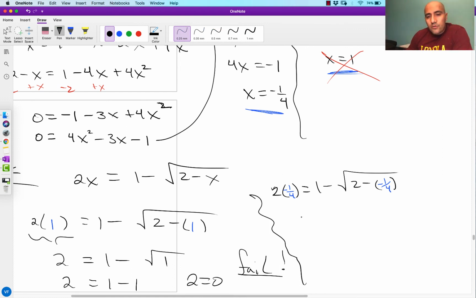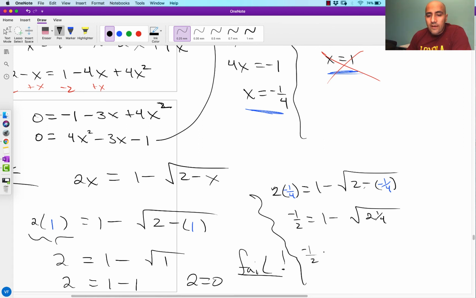So this will reduce to negative 1/2 on the left-hand side is equal to 1 minus the square root of 2 minus negative 1/4. Minus a negative is going to be plus. As a mixed number, it's going to be 2 plus 1/4, so 2 and 1/4, which means that to convert it into a fraction, it's going to be 9 over 4.